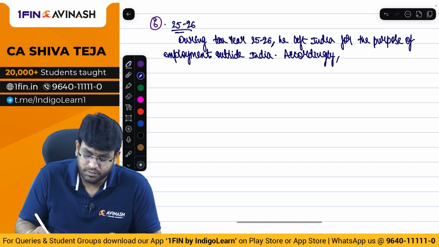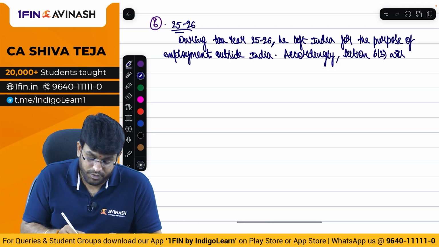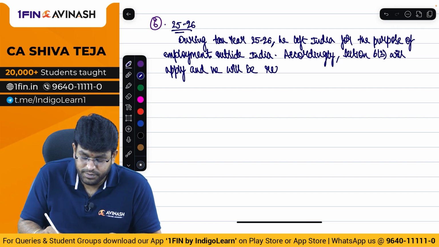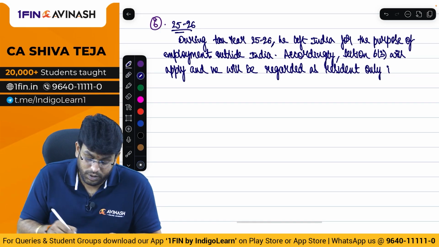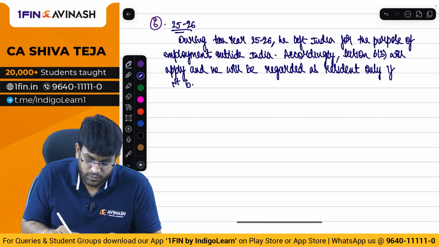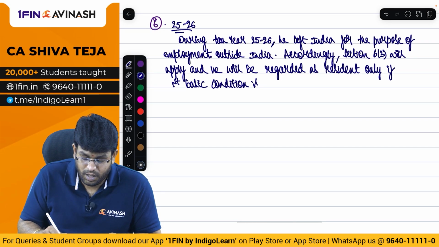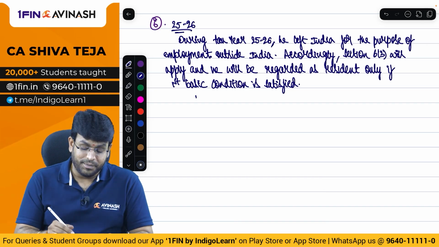Accordingly, section 6(3) will apply, and he will be regarded as resident only if the first basic condition is satisfied. And what is that first basic condition? He must be in India for a period of 182 days or more during the tax year.